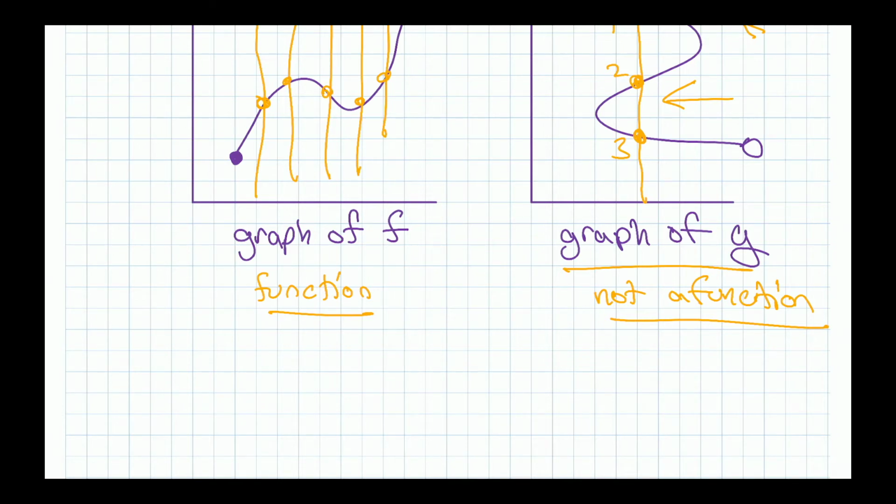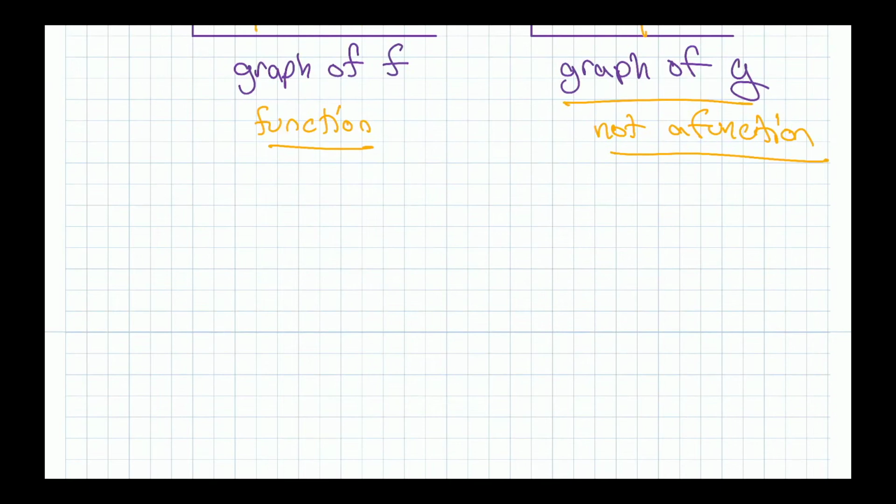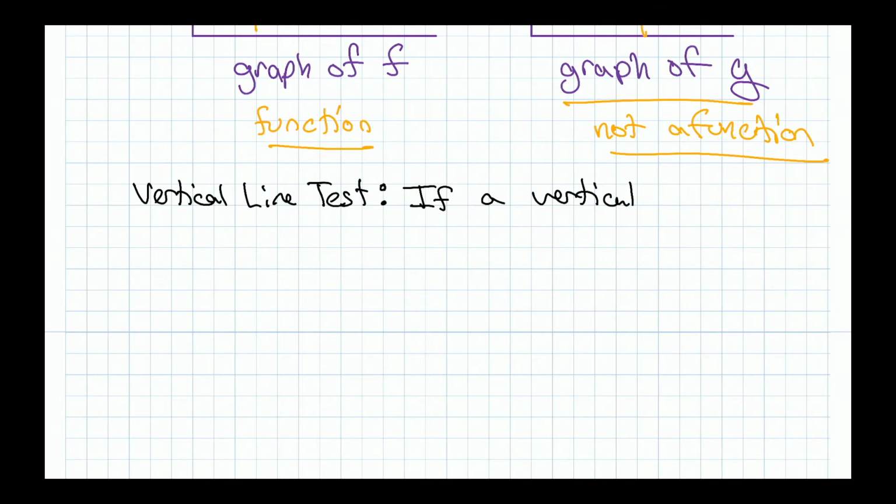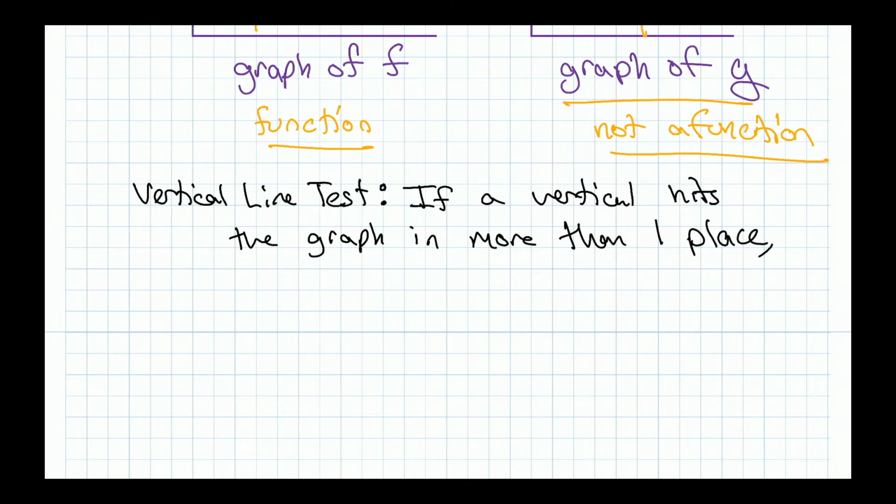So it's a pretty simple idea. I'll write it down. So vertical line test. We just did it, but the rule is if a vertical line hits, or can hit, the graph in more than one place, the graph is not a function.